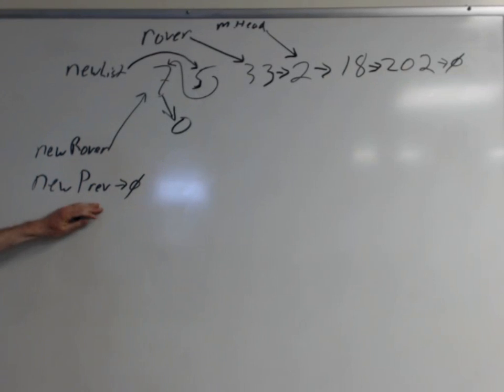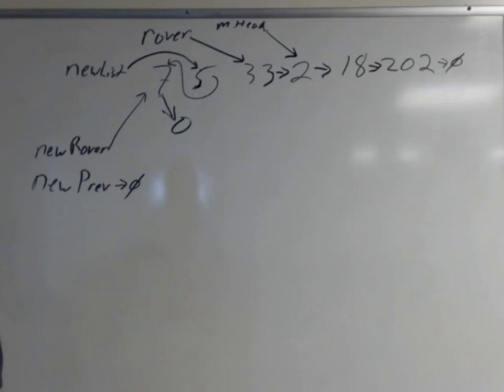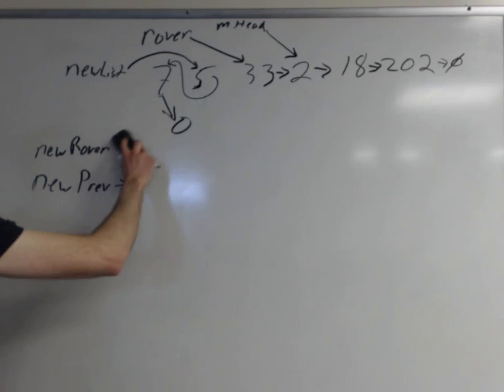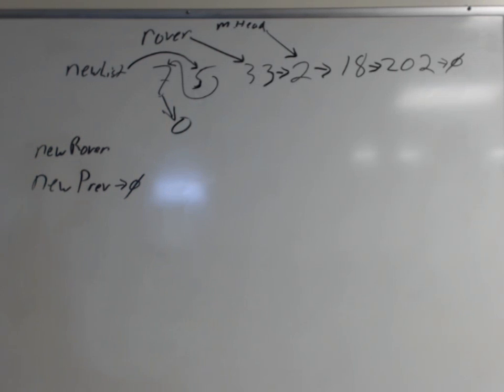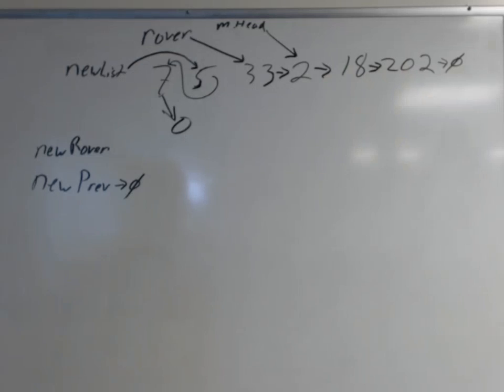Now we create a new prev, set it to null. Great, we've done that. We create a new rover, and where does that start? Where is new rover going to start now? At new list, right? New rover equals new list. So where is it beginning? At the 5. Great.